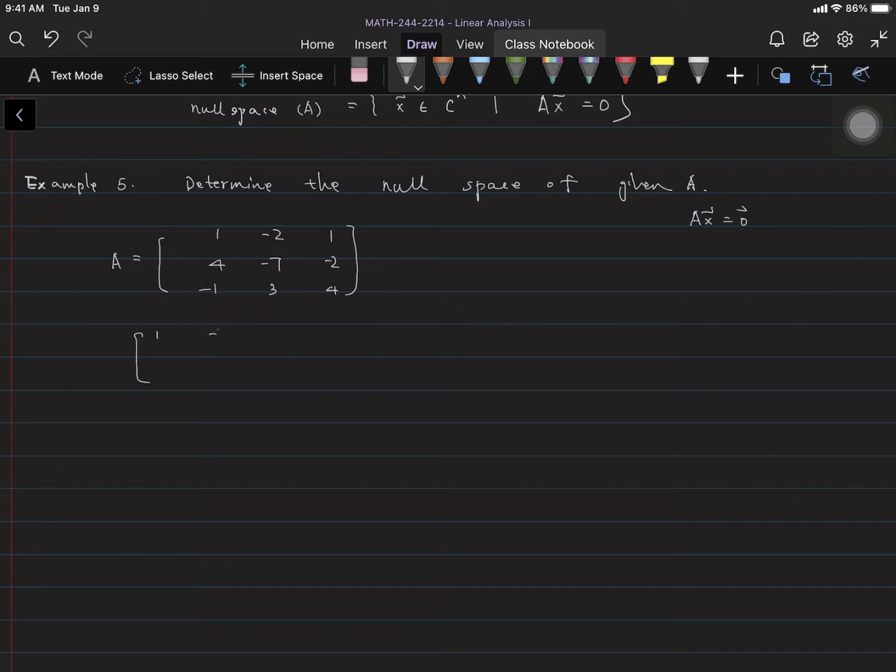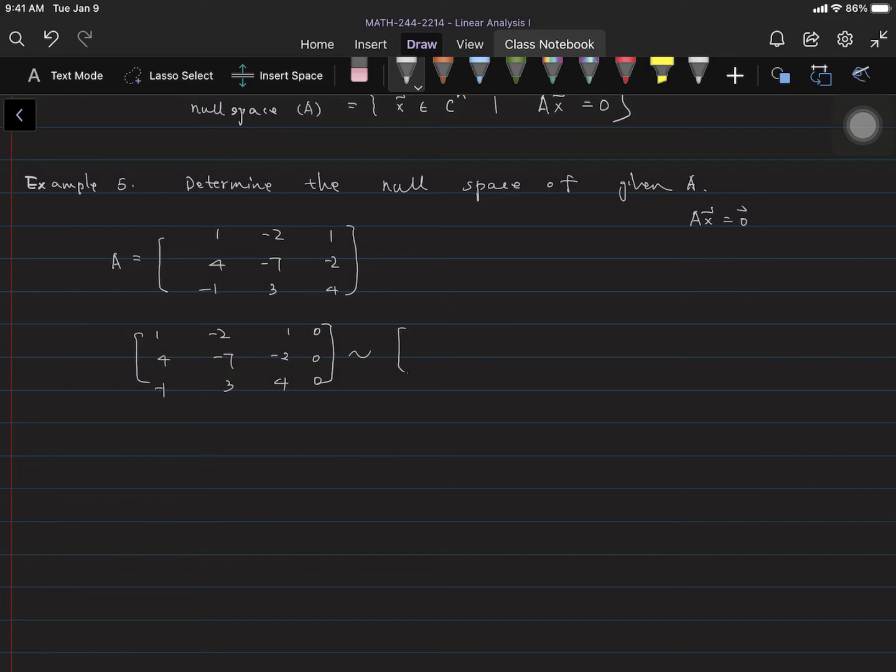You can write down A like this, 4, -7, -2, -3, 4, and then do Gaussian elimination on the rows. So let's solve this.